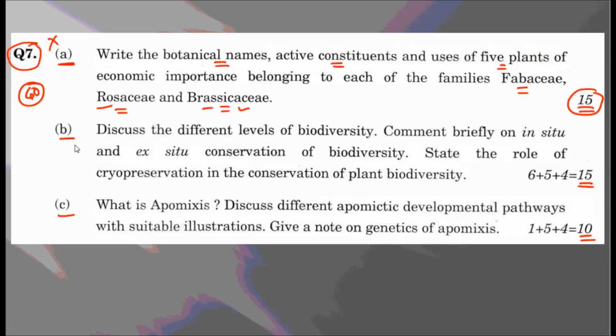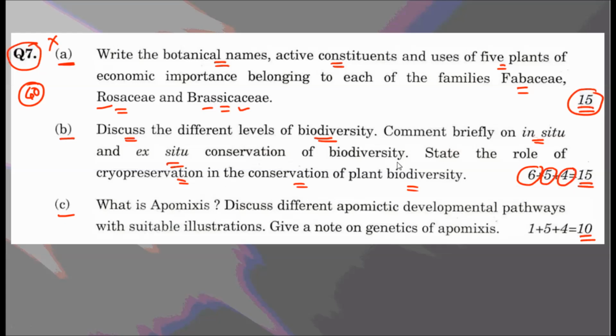The next sub question is discuss the different levels of biodiversity. Comment briefly on in situ and ex situ conservation of biodiversity. State the role of the cryptoconservation in the conservation of plant biodiversity. Now, this question is split into the 3 parts, that is the 6 marks, 5 marks, and the 4 marks.